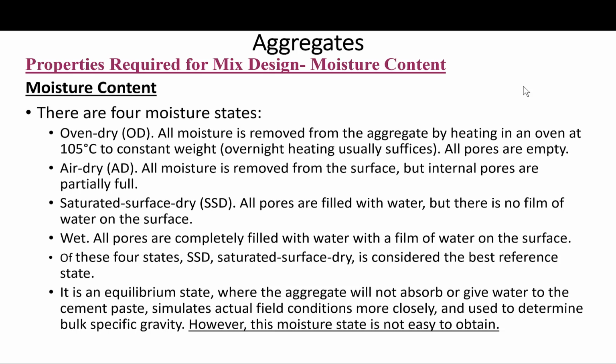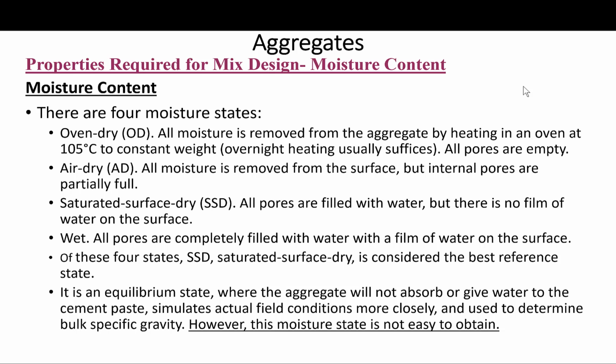Okay, so of these four states, only two, the OD and the SSD states, correspond to specific moisture contents, and either of these states can be used as a reference state for calculating moisture content. The AD and wet states represent the variable moisture content that will exist in a stockpiled aggregate.